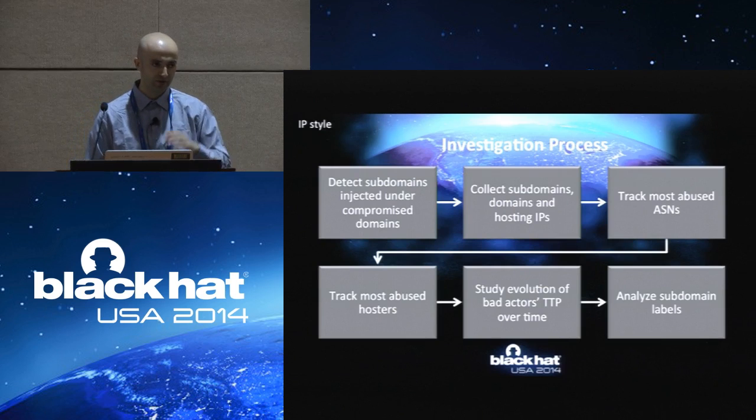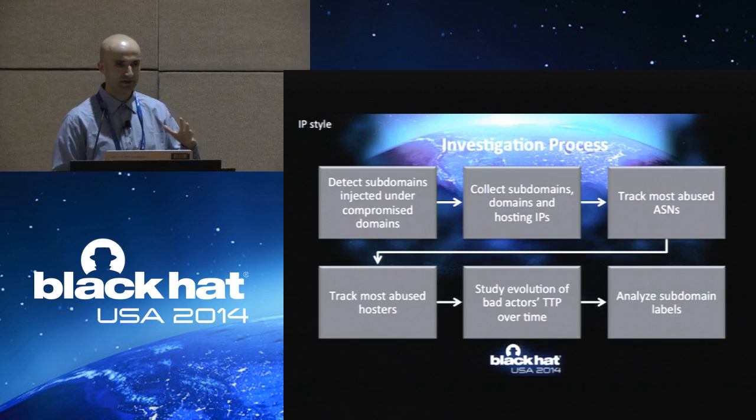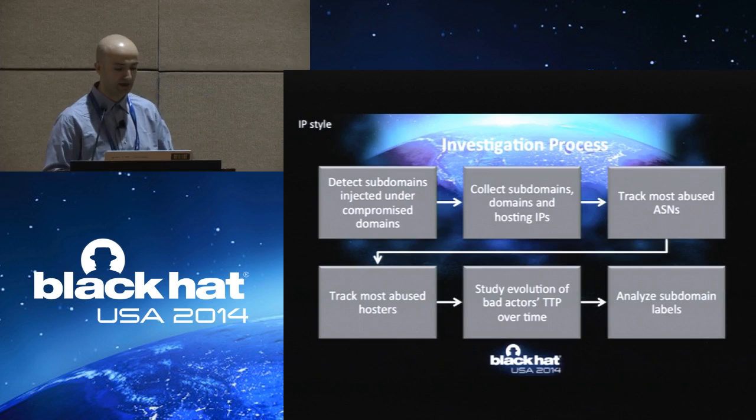And then over time, we were able to have a list of the top abused ASNs. But again, the ASN is quite coarse in granularity. We wanted to have a finer view. So for that, we looked at the hosting providers, like the small scale ones. And with that, we were able to have a good picture of how the bad guys evolve.